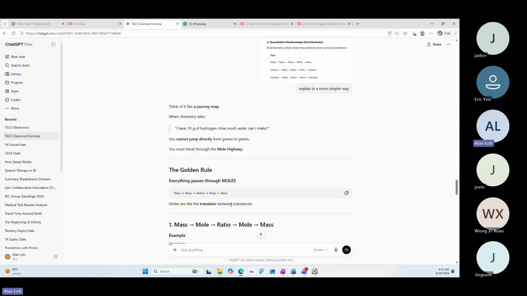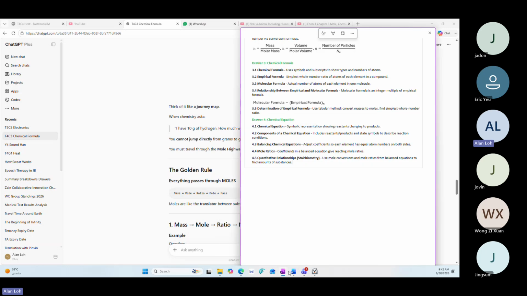Any parts you do not understand fully and you want to know more, then you just ask the AI tools. It could be ChatGPT, Perplexity, Claude, or Microsoft Copilot. Just ask them on the parts that you are not sure and ask them to make it into a more simple way for you to understand. So that is one way to help you to improve how you learn more effectively.